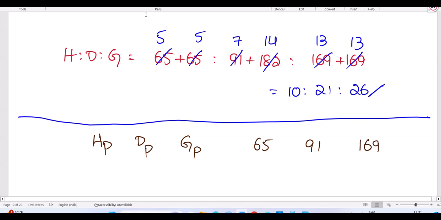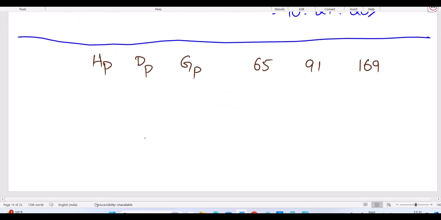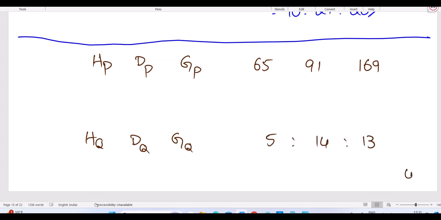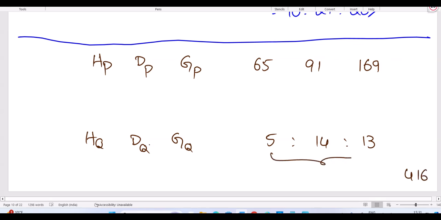Whereas hens in Q, ducks in Q, goats in Q are 5, 14, 13. Total is 416. Adding we got 32.